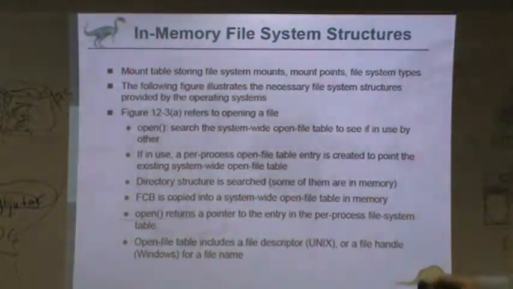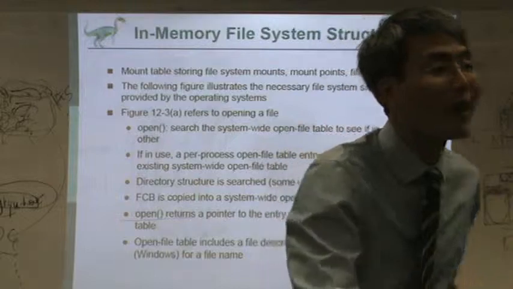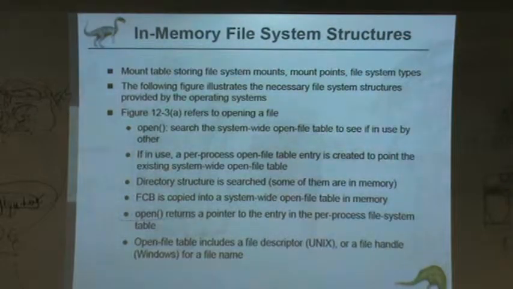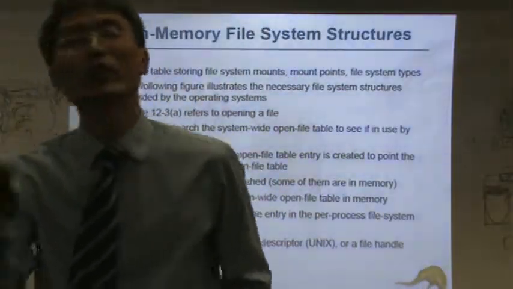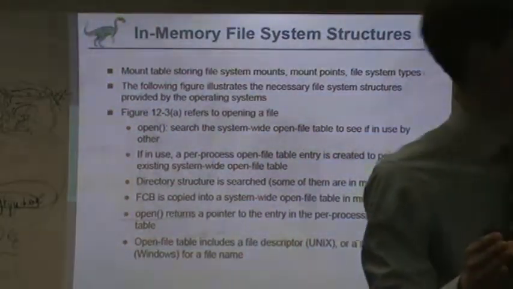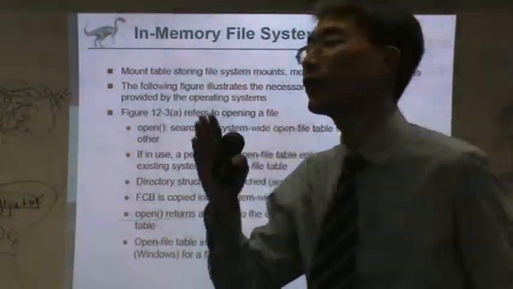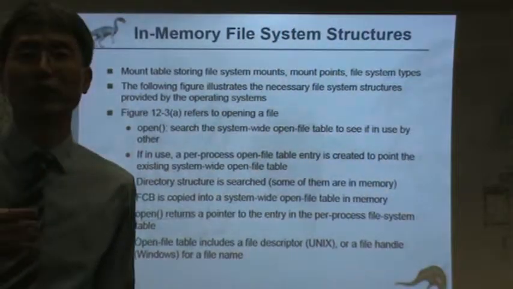So, a process will create the file or open the file, access the file. Okay, so the operating system needs to manage which files are open, which files are created, which files are accessed by what? Process. Okay, per process we need to manage which files are used.